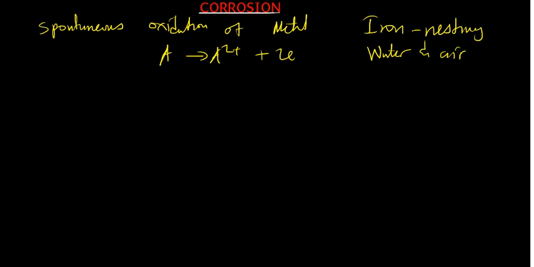When oxygen interacts with a metal and then water, because oxygen has got a reduction potential which is more positive than most of the metals, metals tend to get oxidized.